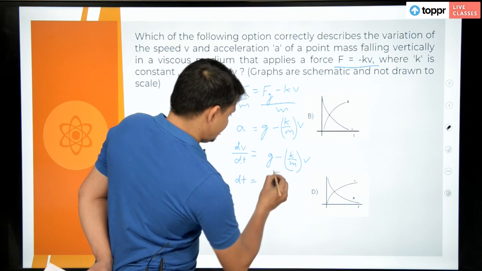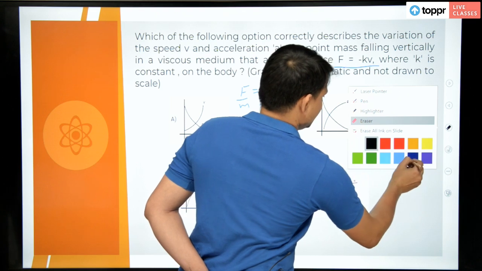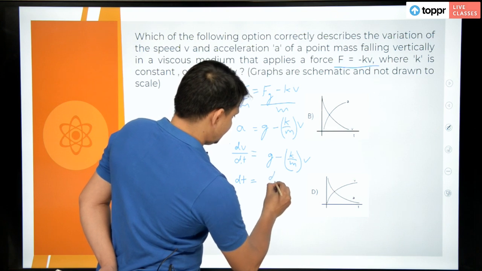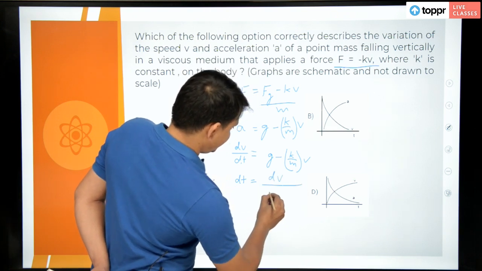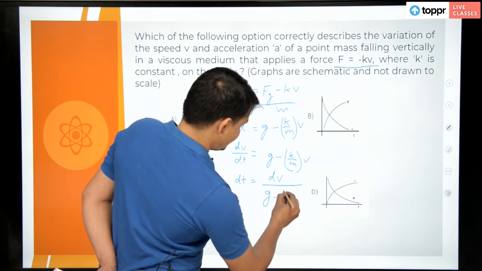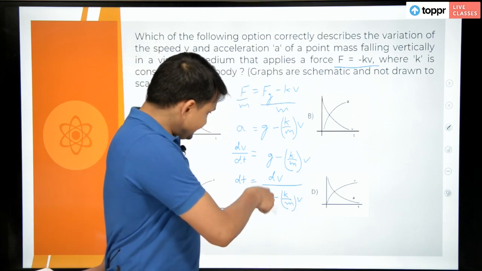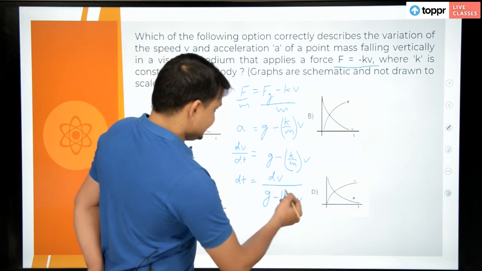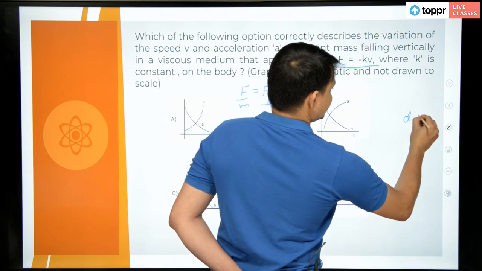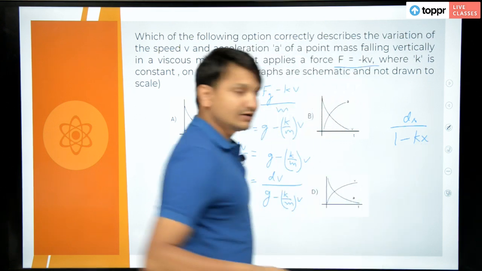So, we are getting dV divided by g minus k by m times V. You see this is a formula of a type, let us say dx by 1 minus kx, something of that sort.